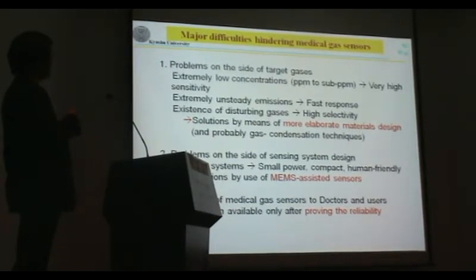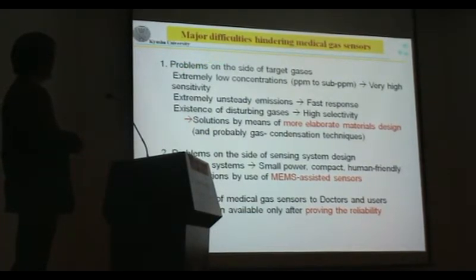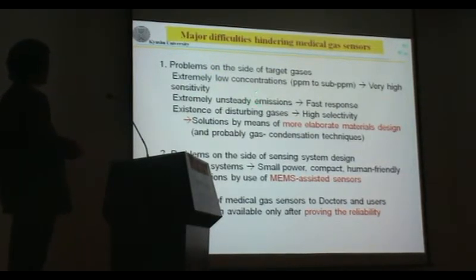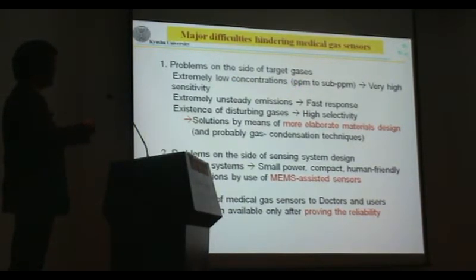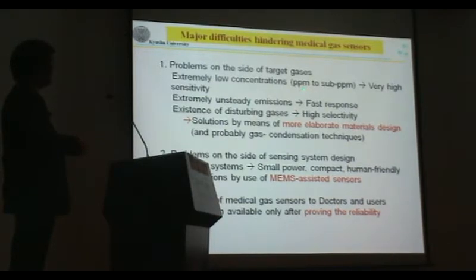In medical gas sensors, there are many problems. One big problem is that the gas concentration is quite low. Sometimes the doctor says the gas range is ppm, but in other cases the concentration goes down to sub-ppb or ppb and so on.